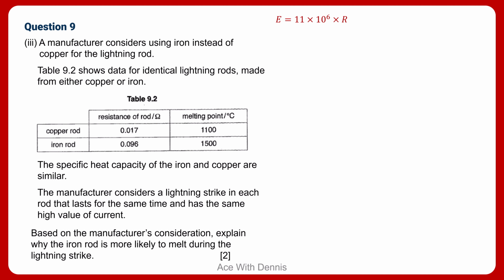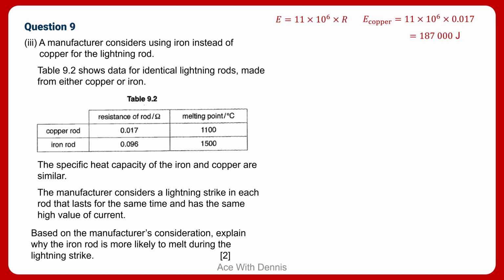Okay, so from the thermal energy formula, E equals 11 times 10 to the power 6 times R, we can calculate the thermal energy produced in the copper, which is 11 times 10 to the power 6 times the R we get from the table 9.2, which is 0.017, and the value is 187,000 joules.